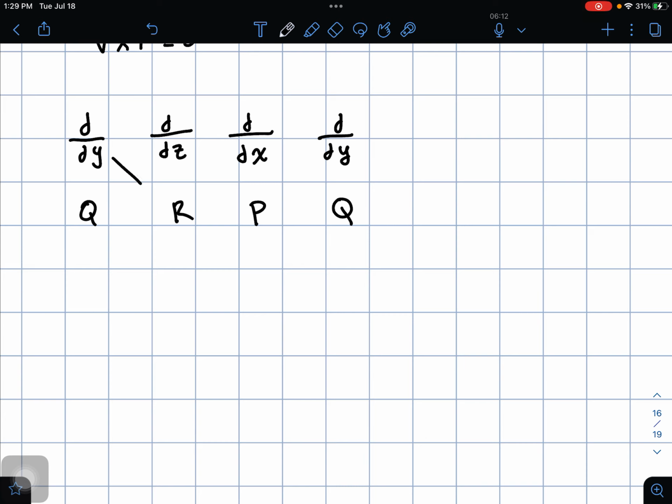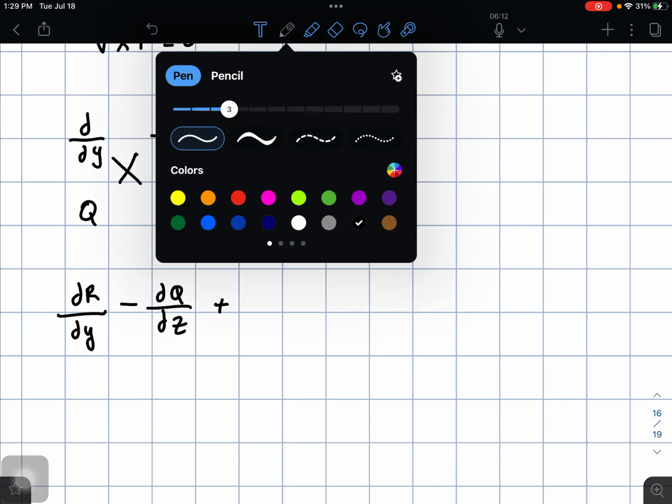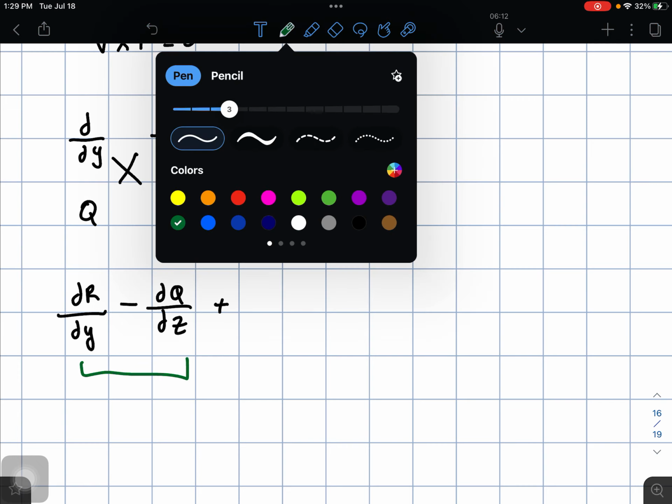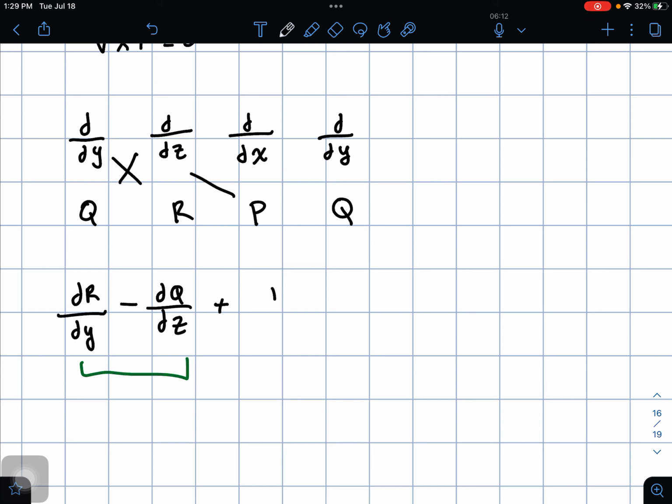So this side, it'll be del R del y minus del Q del z, so this is the x component. Then we have del P del z minus del R del x.